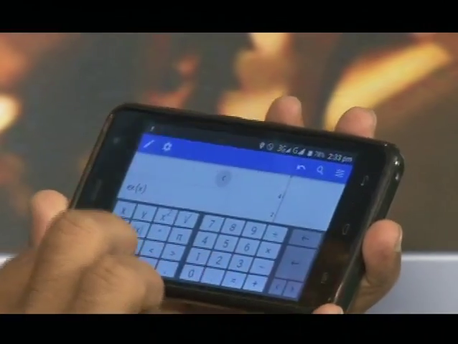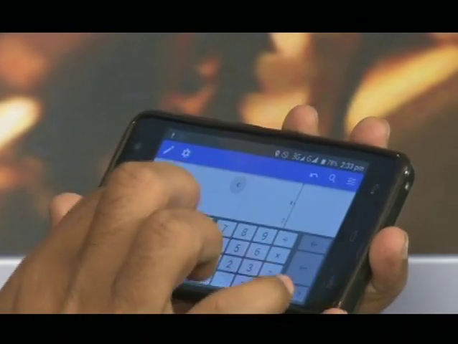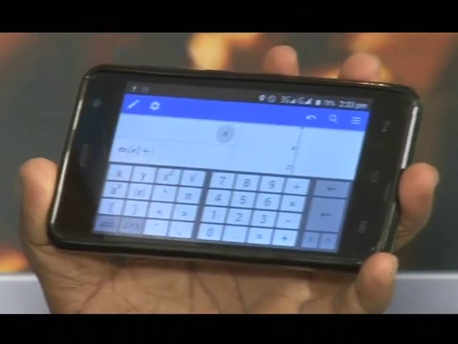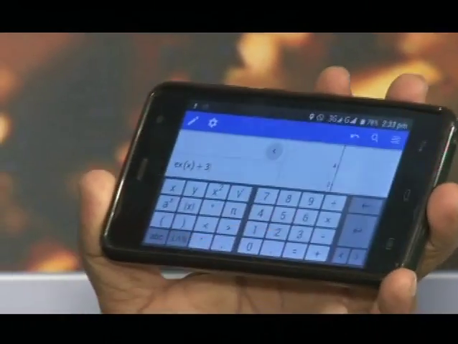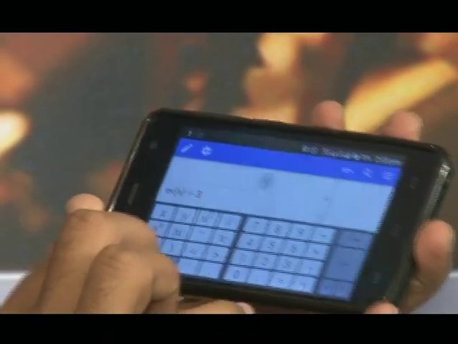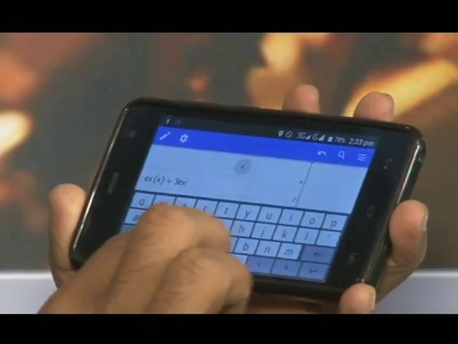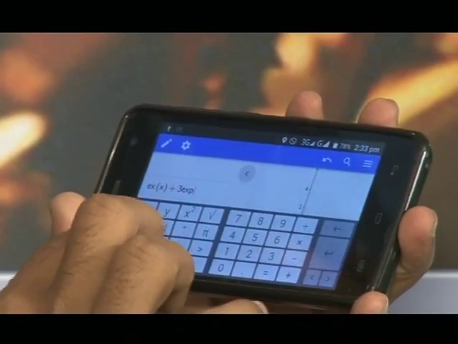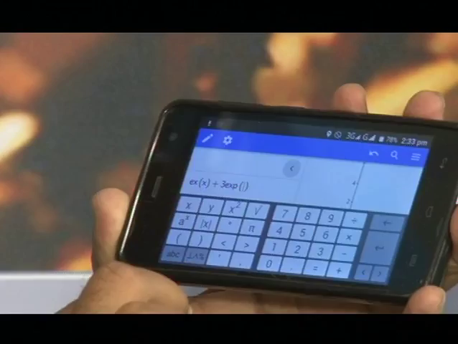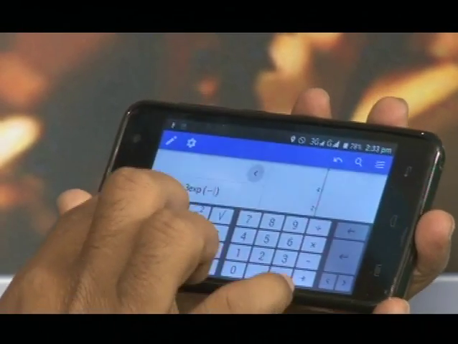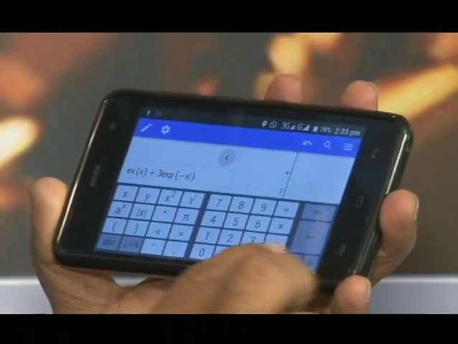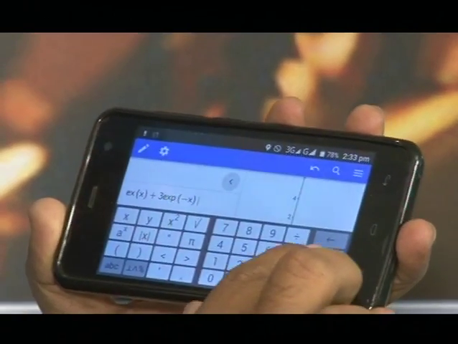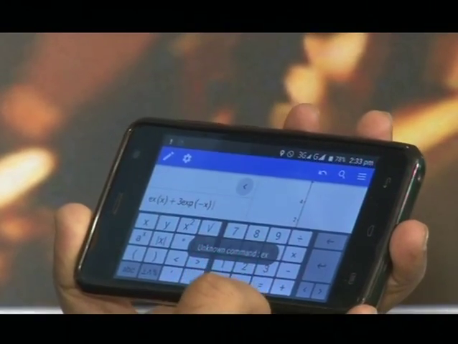I have to type plus 3 times, so again the exponential function, exp. Within the bracket I have to type minus x. Then I have to press the enter key.